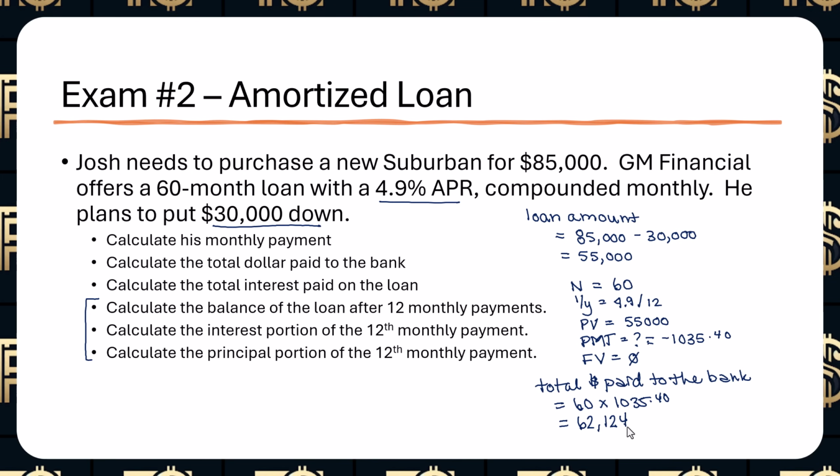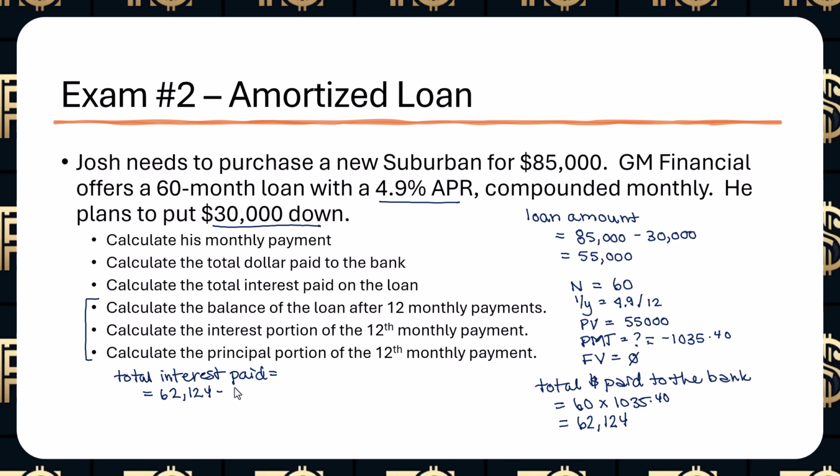In the next part of this question, we're asked to find the total interest paid. Well, we know the total dollars paid to the bank, so all we have to do now is subtract the principal from this amount. That means that we take the $62,124 in total dollars paid to the bank.